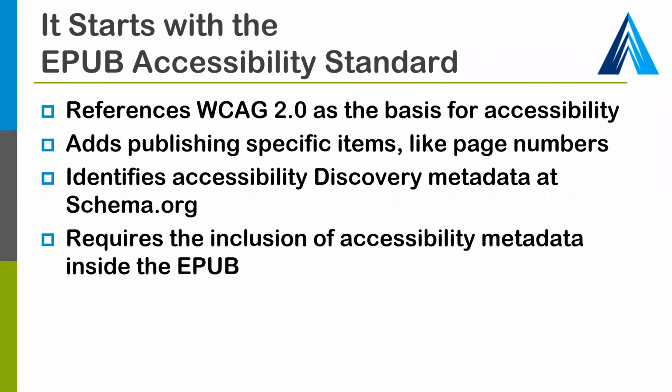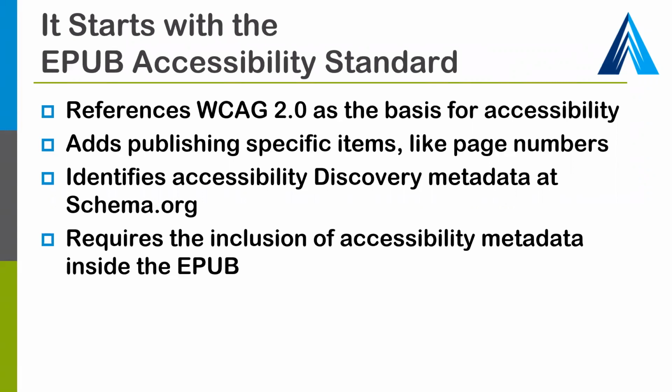It points to the WCAG 2.0 standard, which we all know about for websites, and uses that same standard, but it adds specific publishing items that are not part of the web, and page numbers are a good example. And we hear all the time that students want to be able to go to a particular page, especially when they're using digital materials alongside their peers that have the print book.